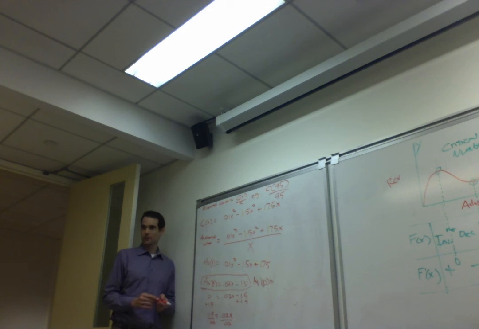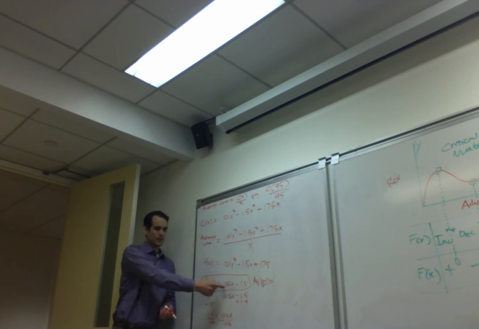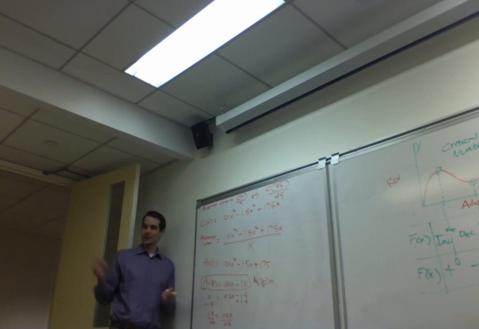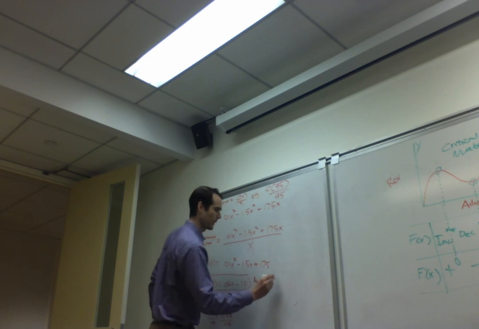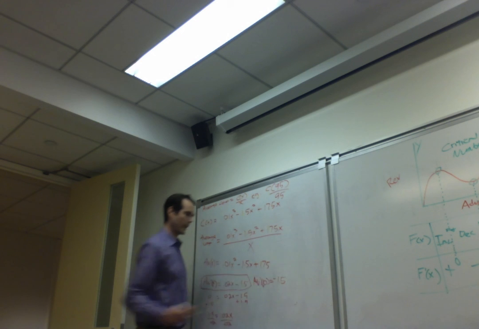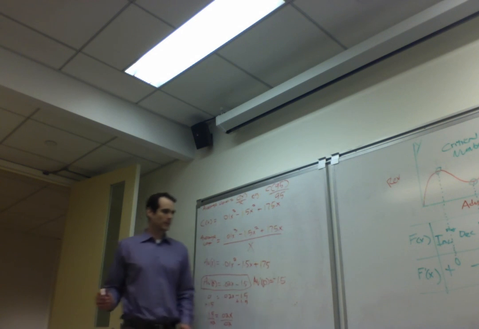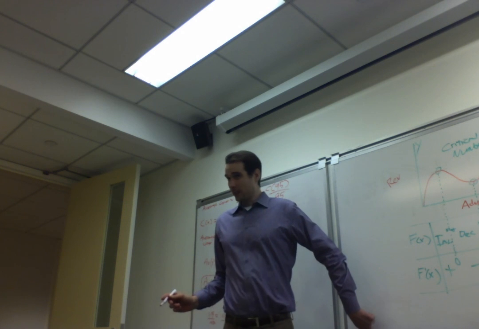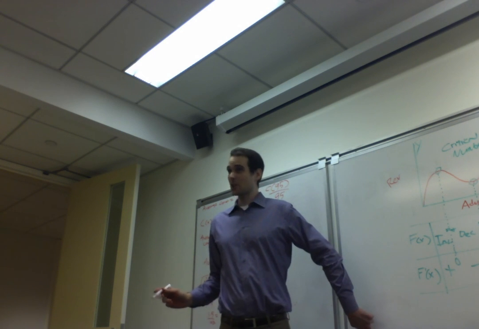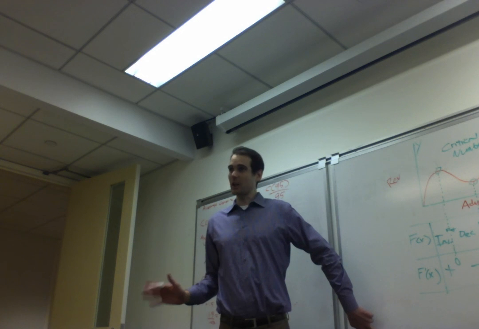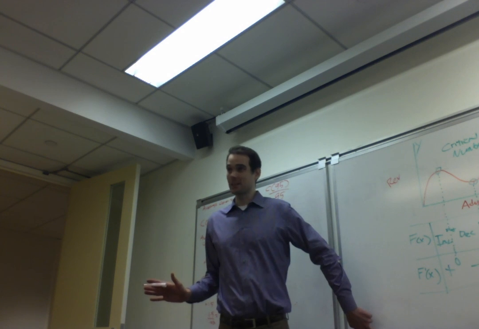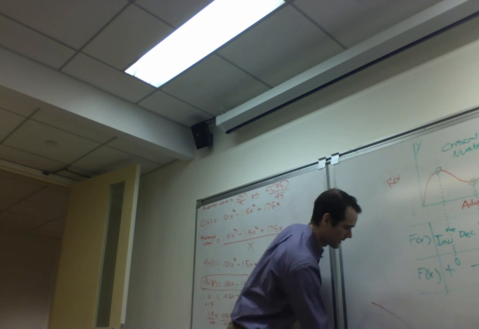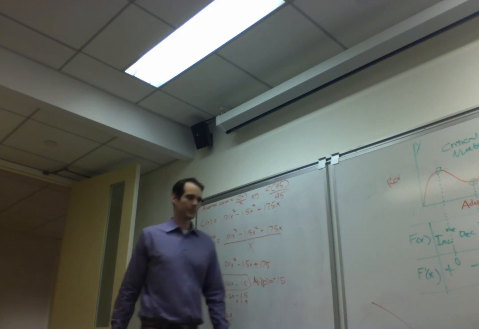Negative 1.5. You put in 0 here. 0 times that is 0. Minus 1.5 is negative 1.5. Okay. So I know at this point the first derivative is negative, so the slope is negative. That means the function itself is increasing or decreasing? Decreasing. Fantastic.